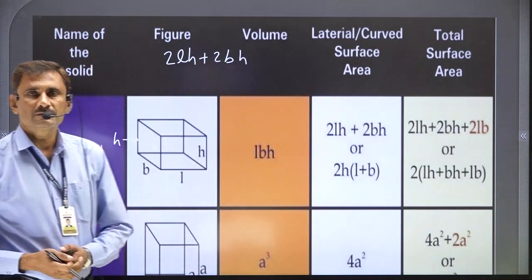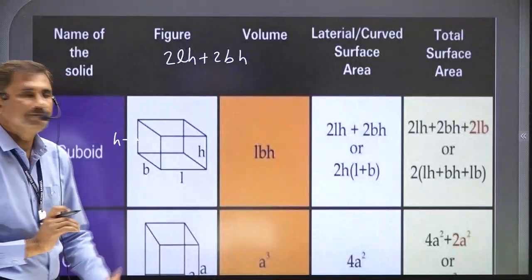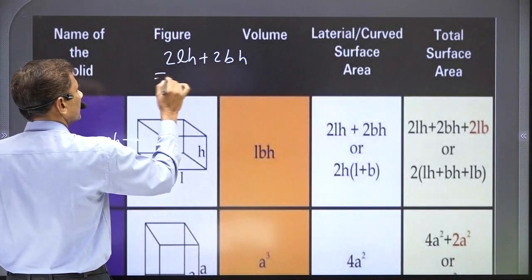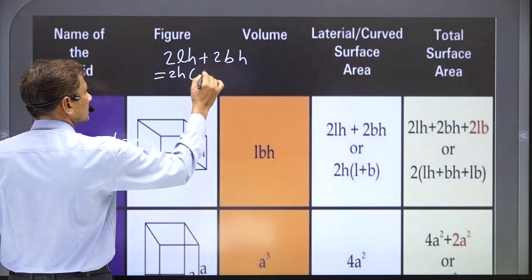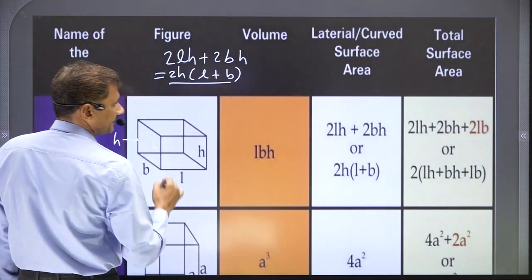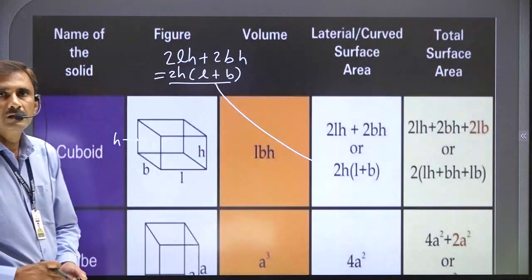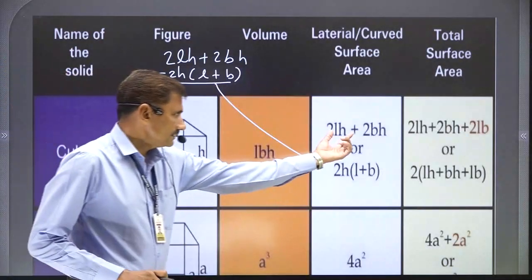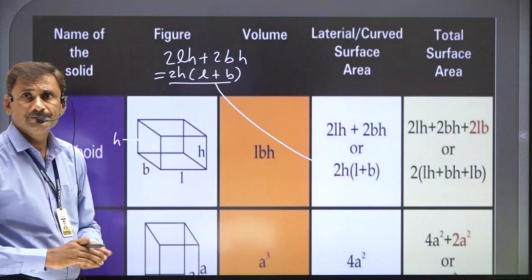The same surface comes twice because opposite faces are equal here. So if I take 2 and H common, it becomes H times L plus B. So you can understand where this formula came from. They have written it here also, but just refer to the figure also.